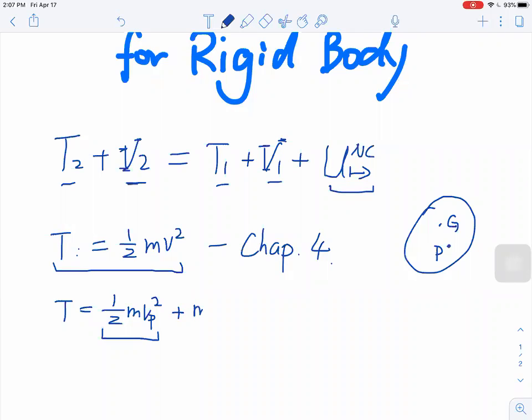That is m vP times omega cross product rG/P. We're not done yet. The kinetic energy has one more term. That's plus 1/2 IP omega squared.